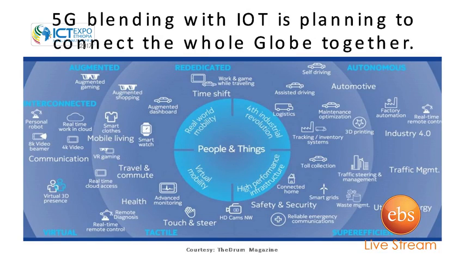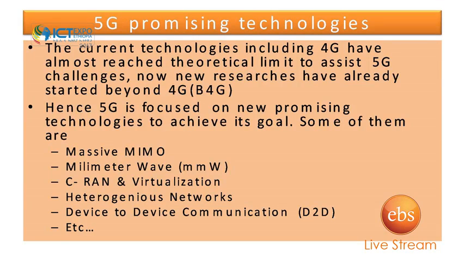Due to lack of time, I'll be going a little faster. So let's come back to the subject now. This is what it is all about. I plan to talk about 5G promising technologies. The current technologies, including the 4G we have now, have almost reached the technical limitation to assist 5G challenges.